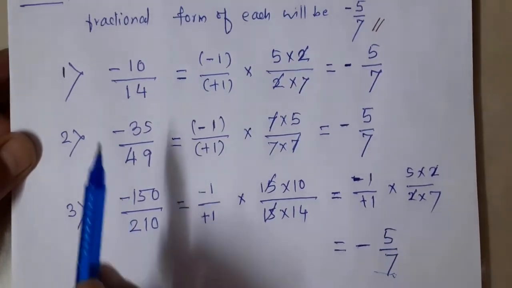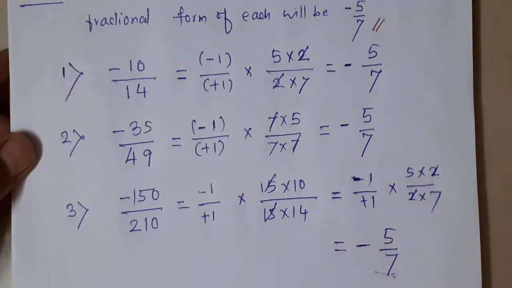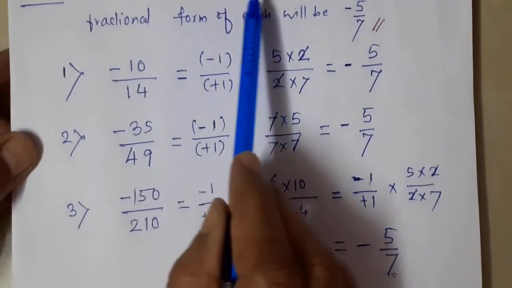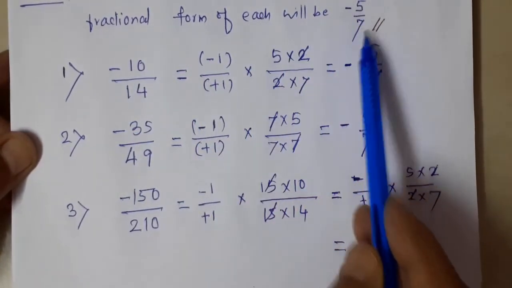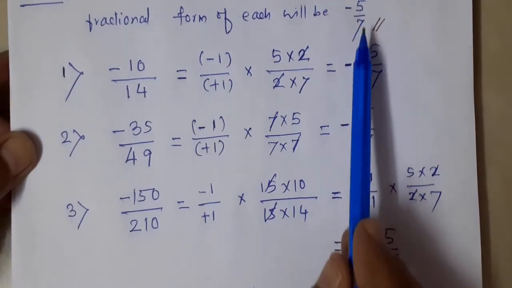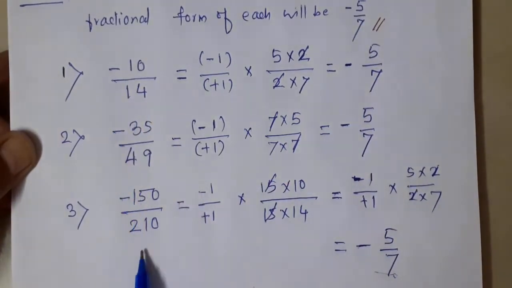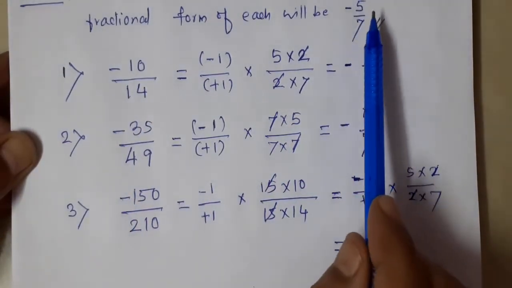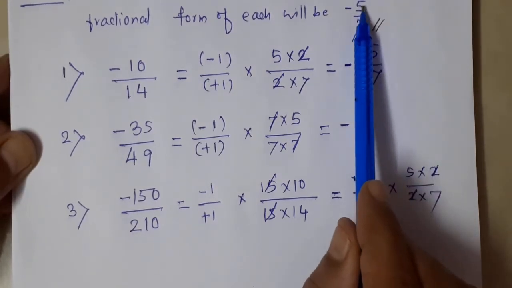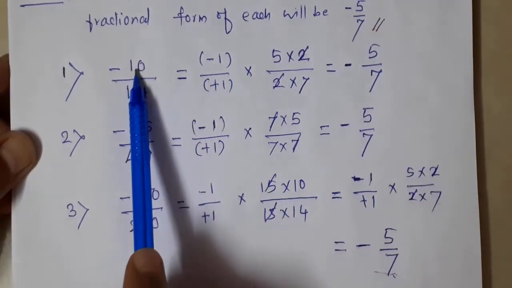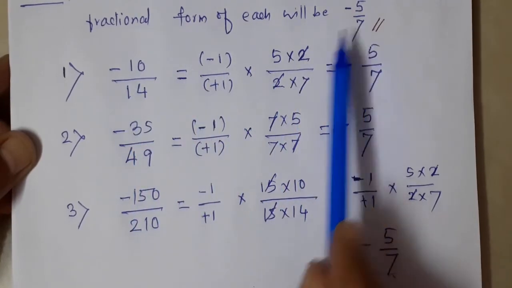So in each example you have to find the three divisions of integers such that the fractional form of each will be minus 5 by 7. You have to take care that while taking these numbers, they should be multiples of the same number. If suppose I am multiplying by one number, it is a multiple of 2, then this is also a multiple of 2.